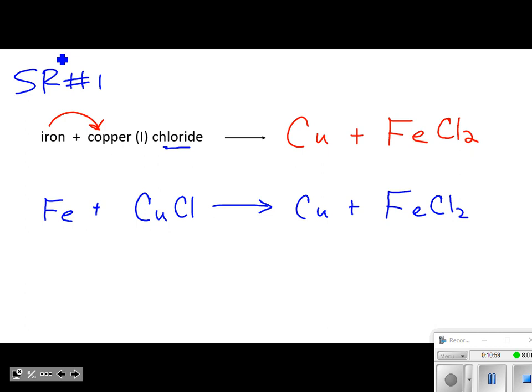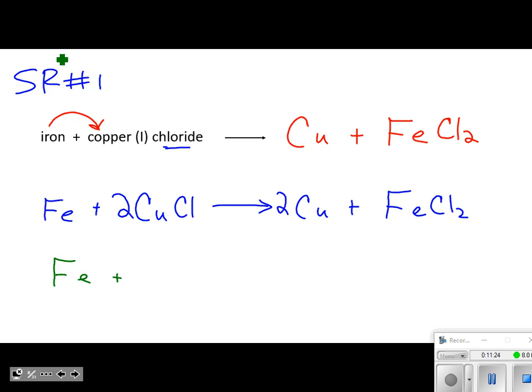No, it is not. Why not? The chlorines are off. So I've got to put a 2 here. If I put a 2 there, then I'm also going to need to put a 2 here. Okay? Now, let's see what would be different.